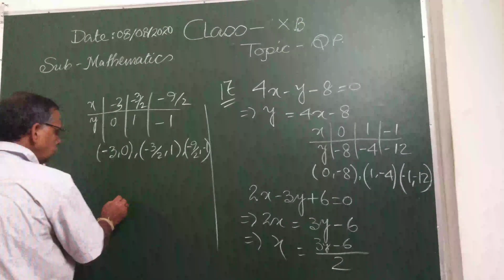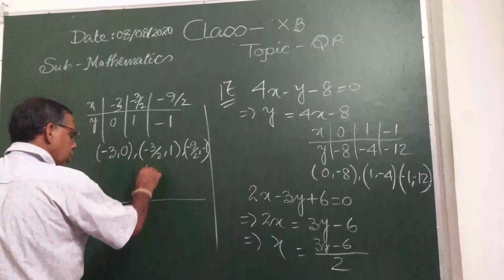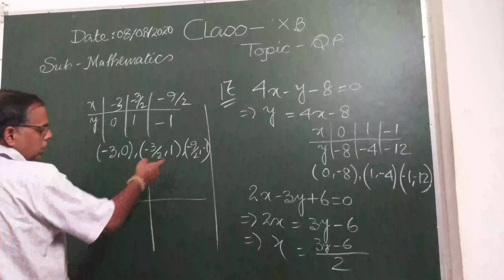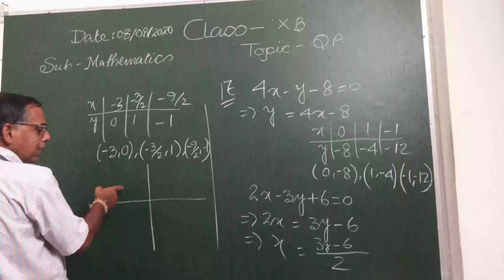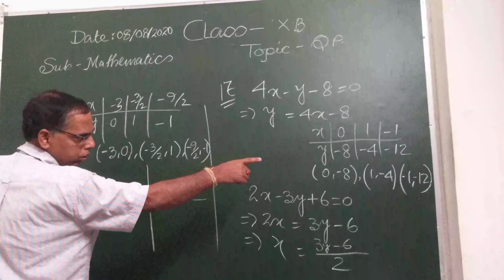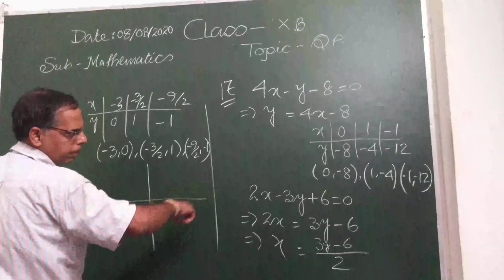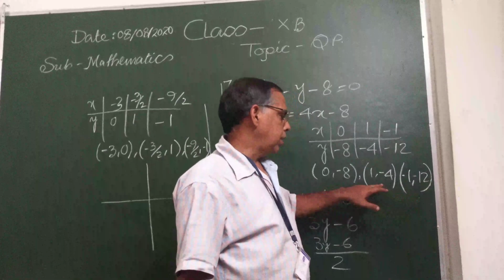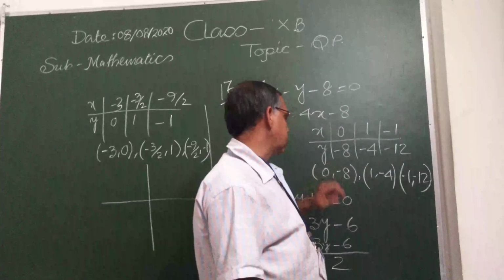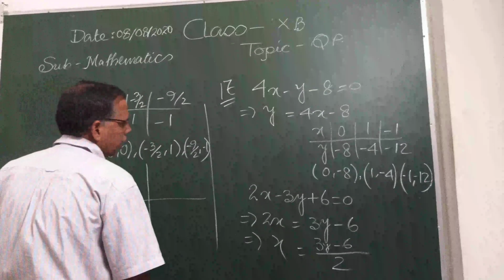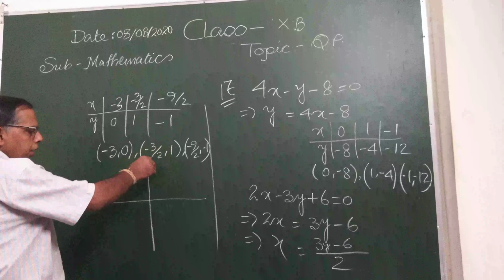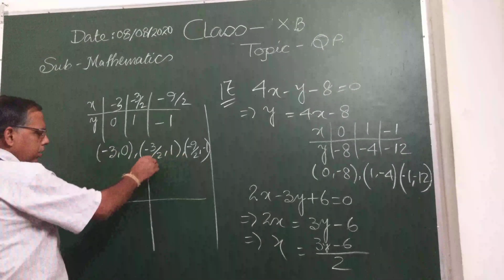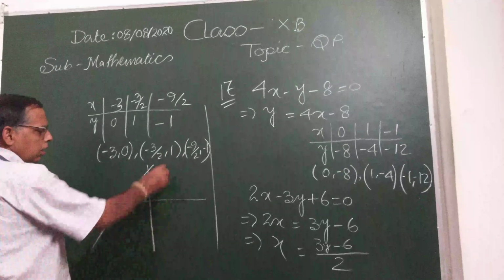Okay. So now you use your graph paper, and then when you plot, see these are all in this quadrant, and last one is in the third quadrant, this one second quadrant, and this one also second quadrant. So ultimately how it will come? These all are, see, second, third. So it will come this way. Okay.